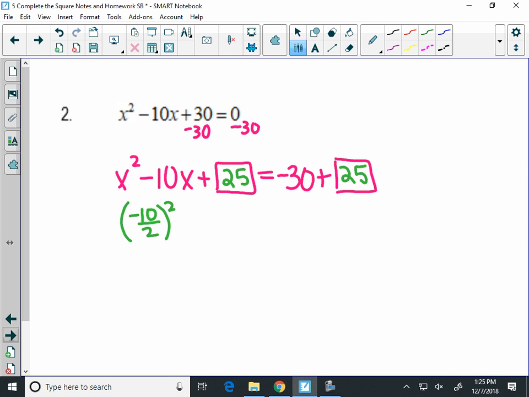Because we've done about 4 of these at this point, I'm going to jump right to the condensed factored form. If that bothers someone, I'll spread it back out. How is this going to factor? x minus 5 times x minus 5, which is x minus 5 squared. That number in the parentheses is always half of the middle number. That's just how it's always going to work.